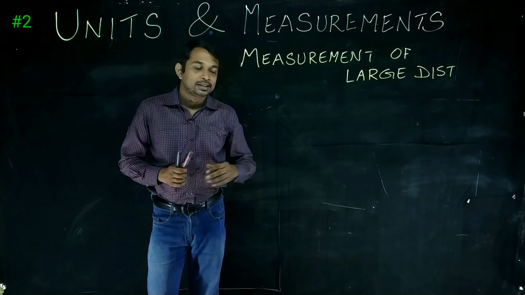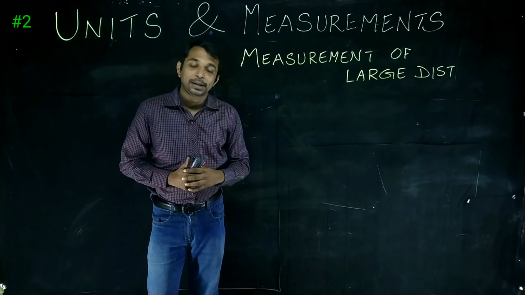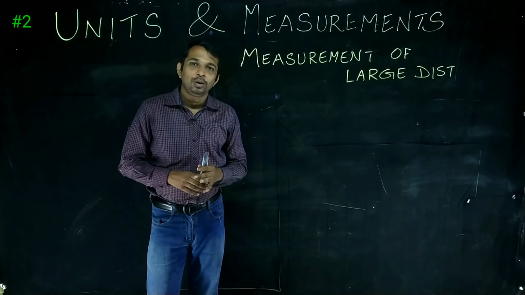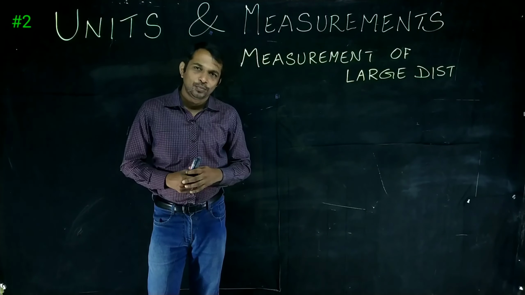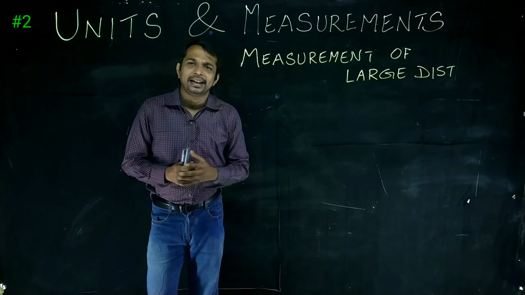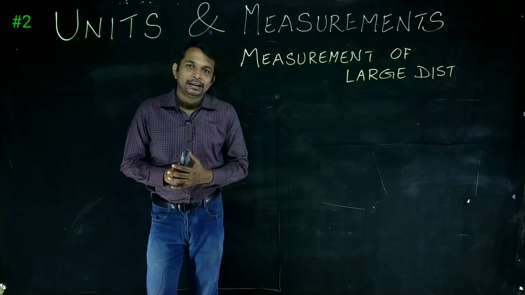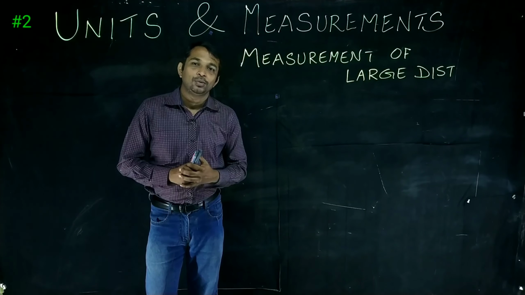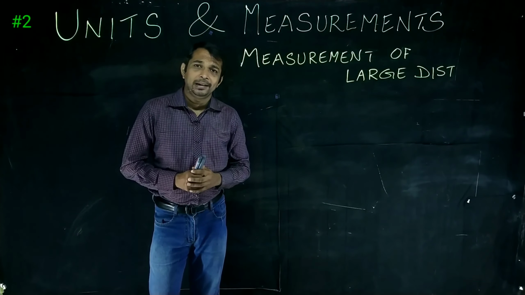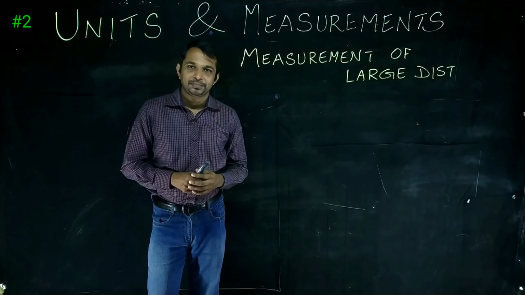And what about the distances beyond 1 kilometer and beyond this 1 millimeter? For that we have to use certain other techniques, right? Let us discuss some techniques like that. First, measurement of large distances.